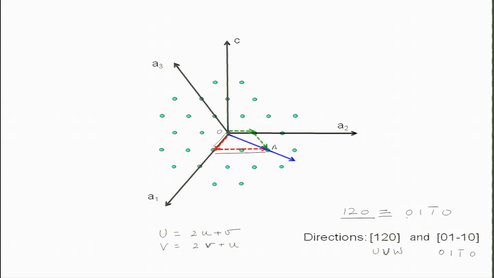So, I do not have to go along A1 now, I have to go 1 along A2, and I go minus 1 along A3. This is A3, so this is in the opposite direction. So, this is minus 1 along A3. I end up at the same point. I should end up at the same point. If I do not end up at the same point, which means there is some problem in the conversion, alright. So, this is how you draw the direction in the 4 coordinate system in hexagonal.